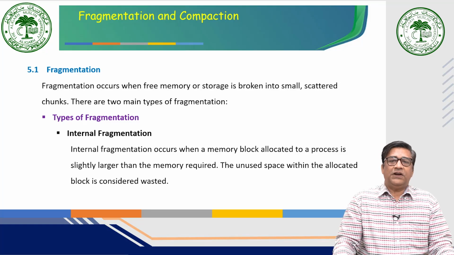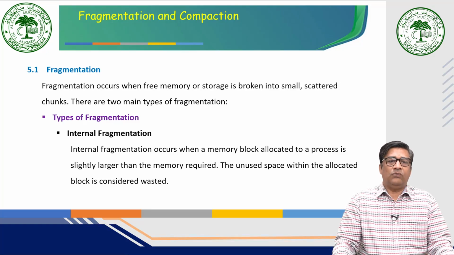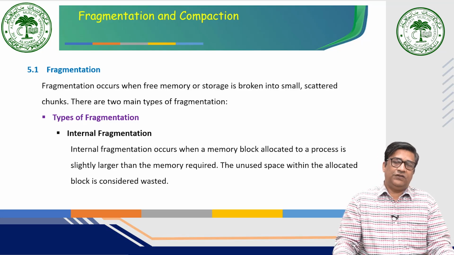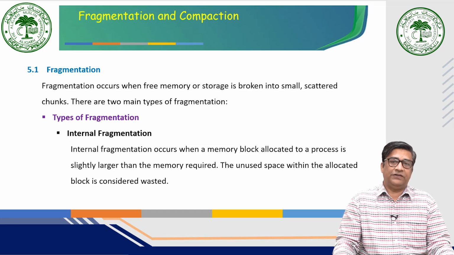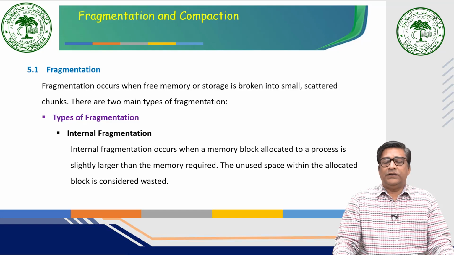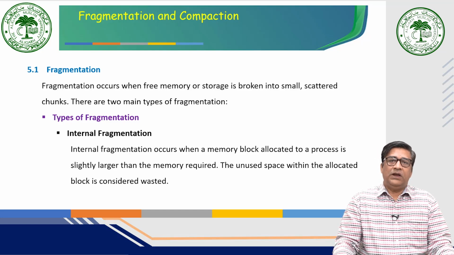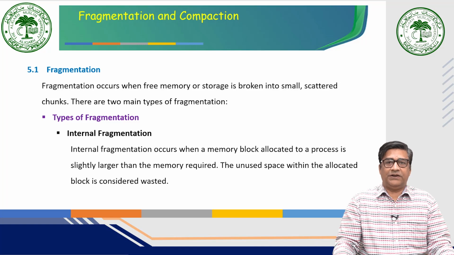Now let's discuss the types of fragmentation. As we have discussed earlier, fragmentation is a common phenomenon in computer systems where available memory or storage space is divided into small non-continuous chunks. There are two primary types of fragmentation, internal as well as external.